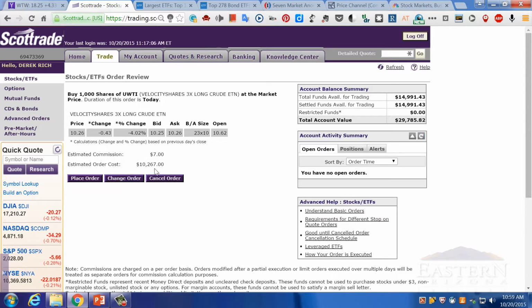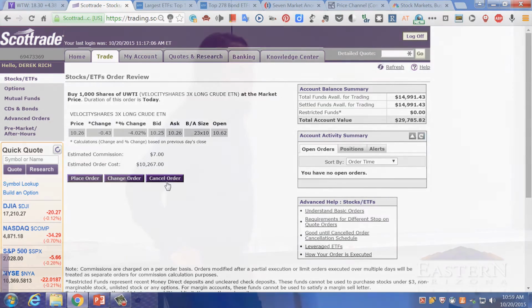So it's going to cost me $10,267 to do it. Actually, I think the $7 is in there. So it would be $10,260 for the stock, and then Scottrade charges $7 for the trade. So I would hit place order, and I'm done. And now I have 1,000 shares, and hopefully I make a ton of money today.